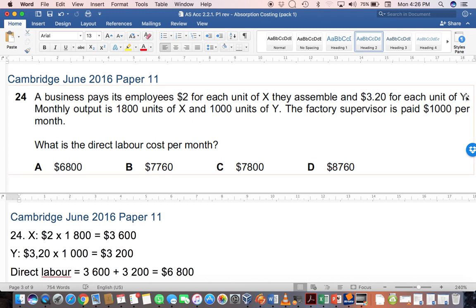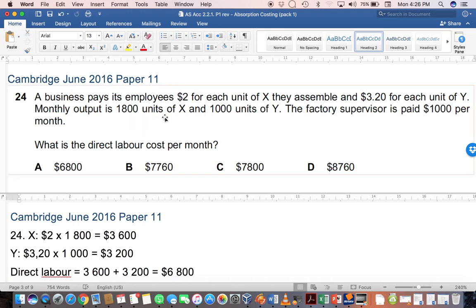To calculate the direct labor cost, you want to use your costs for both X and for Y. Your factory supervisor, however, is not relating directly to either of these products and is therefore an indirect labor cost or an overhead and will therefore be excluded from this calculation.